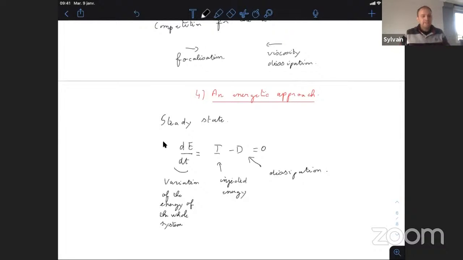If you have a finite set, what you inject is dissipated. So the energy cannot increase at the end, because at each time the injected energy is compensated by the energy that is dissipated because of the viscosity.